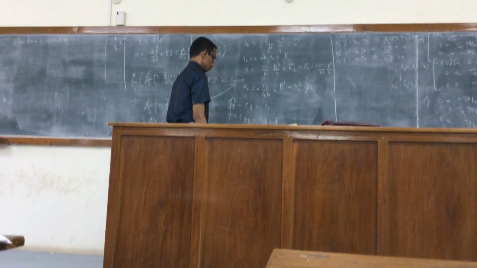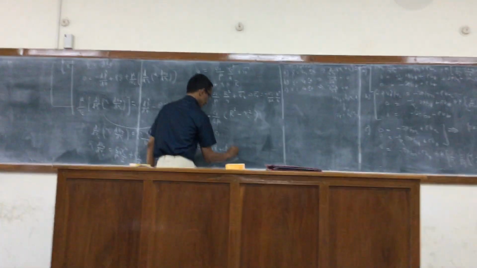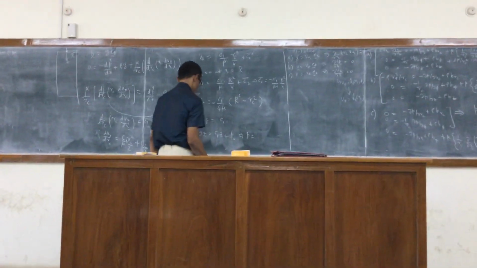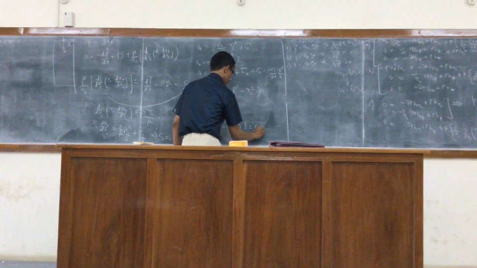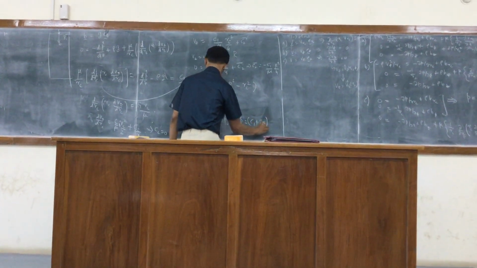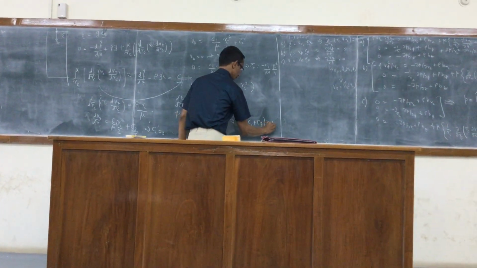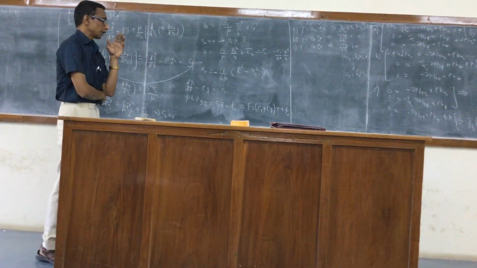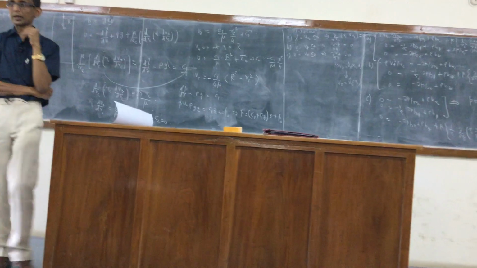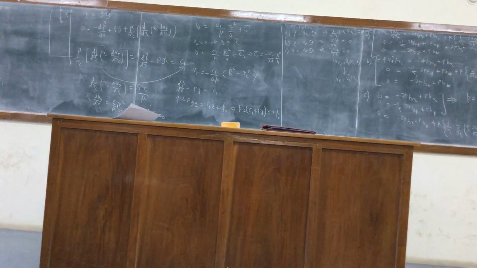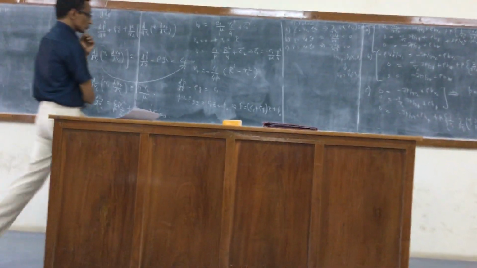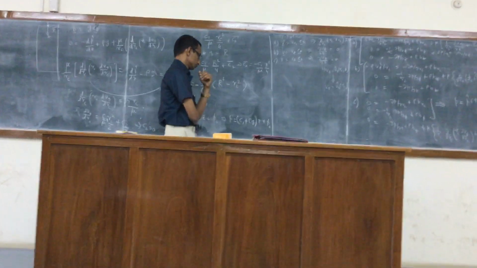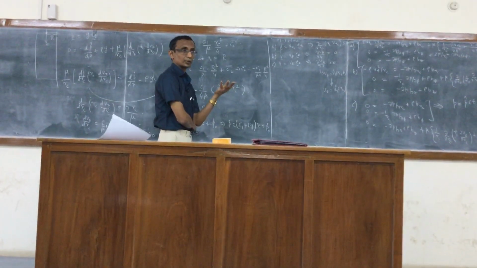Which implies that P is equal to C1 plus rho g times z plus P0. P0 is clearly the pressure at z equal to 0. Right? I can now introduce that, assumed to be given.